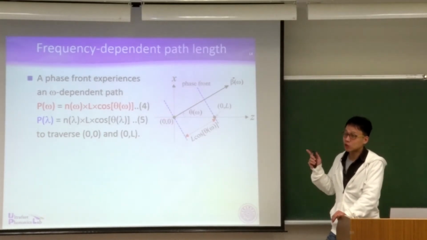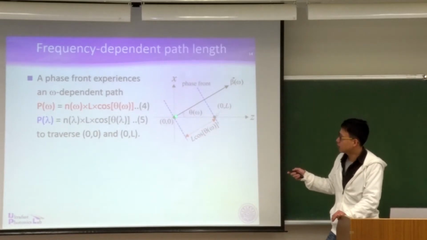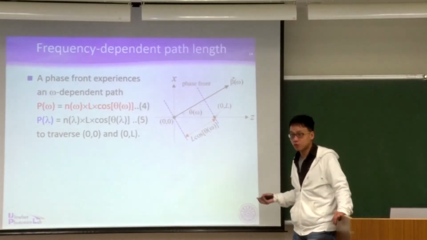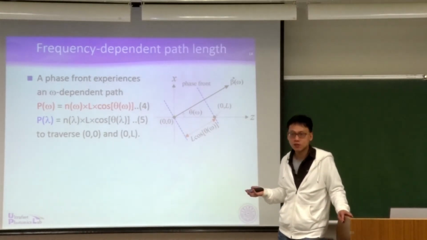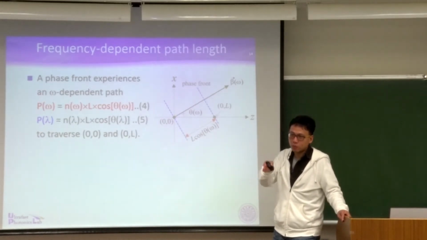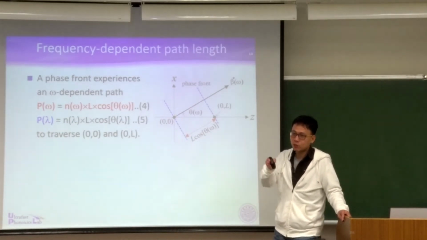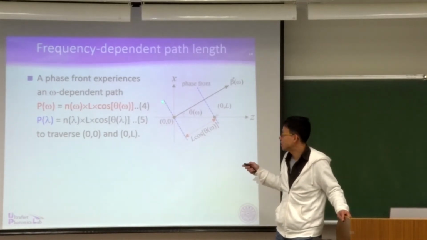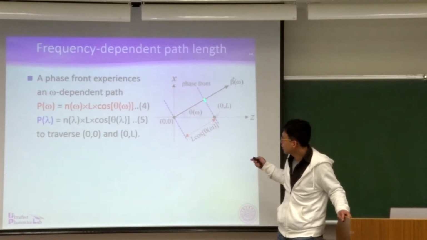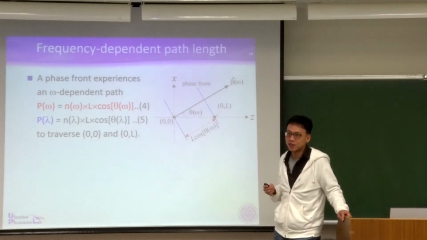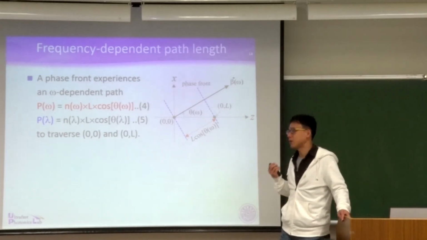If you have a sinusoidal plane wave propagating along this direction, you can imagine the blue dashed lines can represent the phase fronts. Phase fronts means you have a sinusoidal wave. If you collect the set of points at the peak together, it becomes a line, right? The next line, maybe the next line. So you have parallel lines representing the phase fronts.